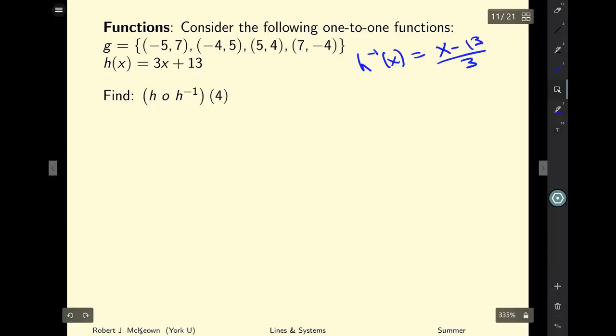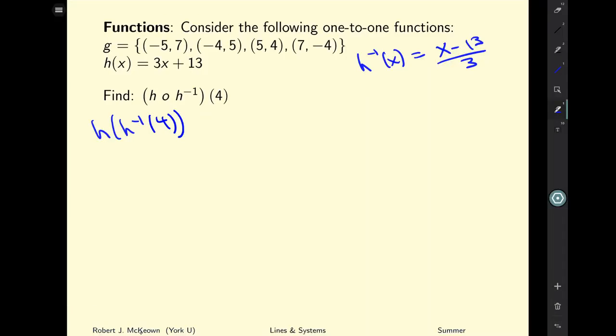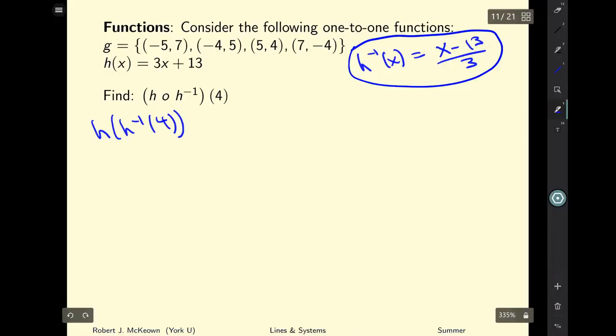So another way of writing this is to say that we have h of h inverse of 4, and that inverse is actually within the original function. I've taken the inverse function we came up with on the previous slide and brought it with me.